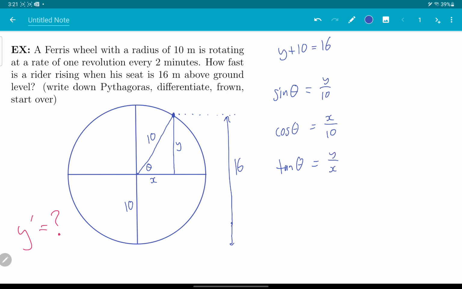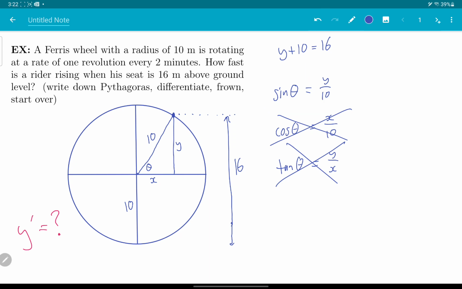Now, which one of those do I like the best? It's going to be sine, because I'm looking for y prime. Cos theta does not involve a y. Tan theta has the y, but it also has the x, so too many variables. I don't like that, so I'll use the sine theta.